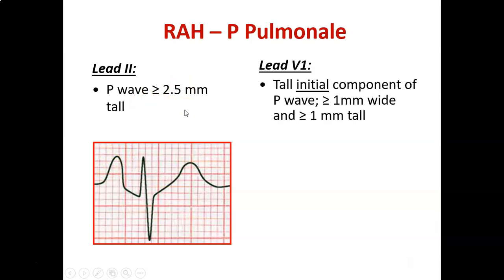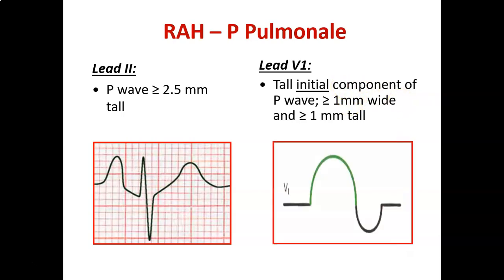Just to confirm, you may look at lead V1, where the P wave is biphasic. It has the initial and the distal component. If the initial component becomes tall, more than 1 mm wide and more than 1 mm tall, like this green color, it's again in favor of right atrial enlargement.